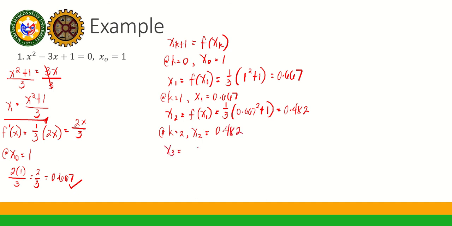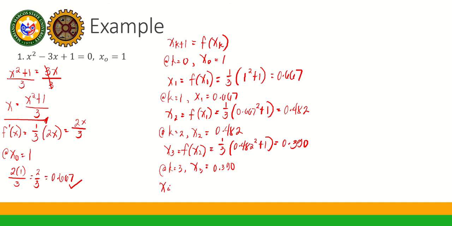Computing for x sub 3, we have g of x sub 2. This is equal to 1 over 3 times 0.482 squared plus 1. And we get 0.390. And at k equal to 3, we have x sub 3 equal to 0.390.